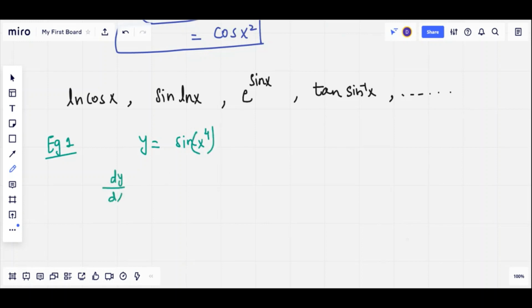dy over dx, using the chain rule, of course. First, we differentiate the outermost part, which is sine, and the differentiation of sine is cos. So we have cos, and x raised to the power 4 remains as it is, because of a rule we just learned.